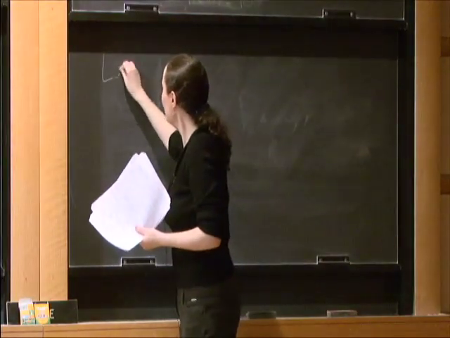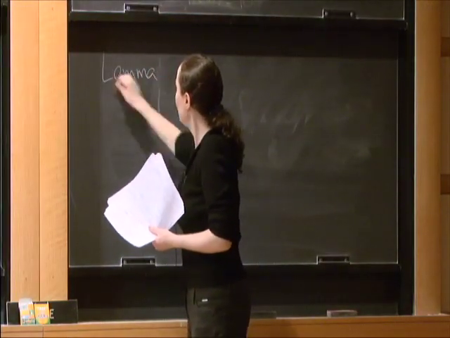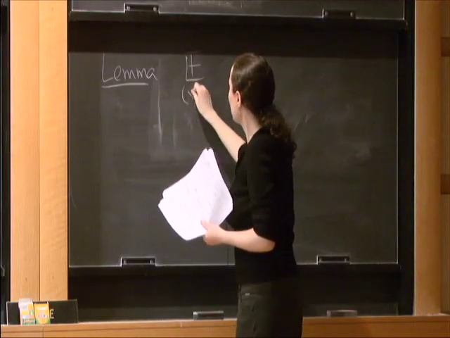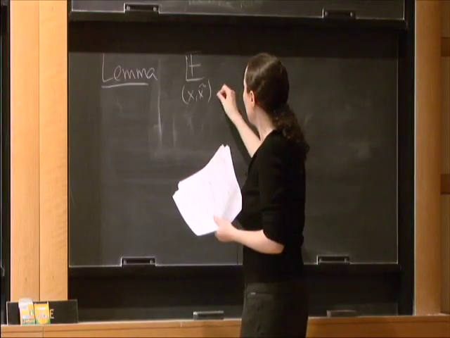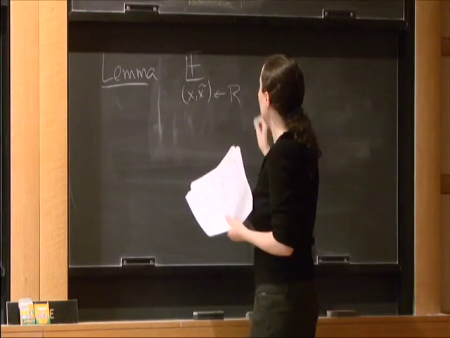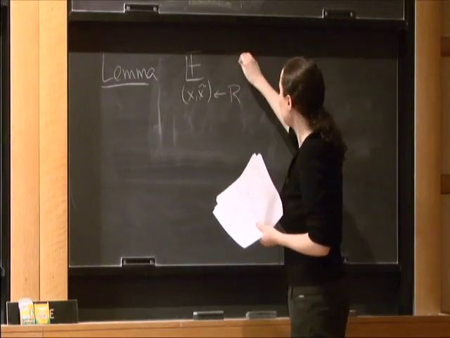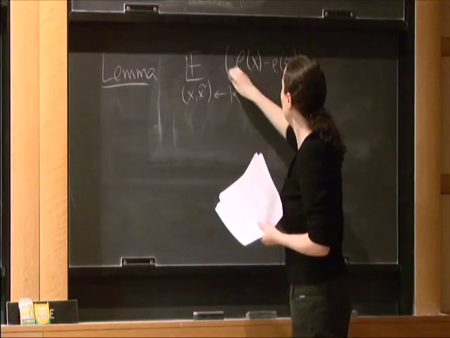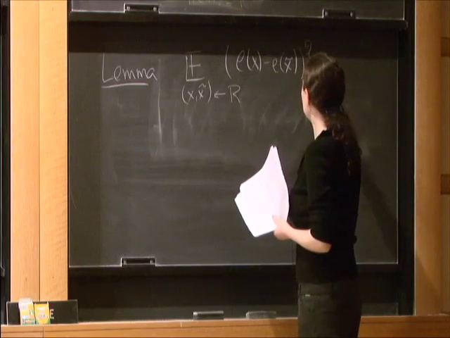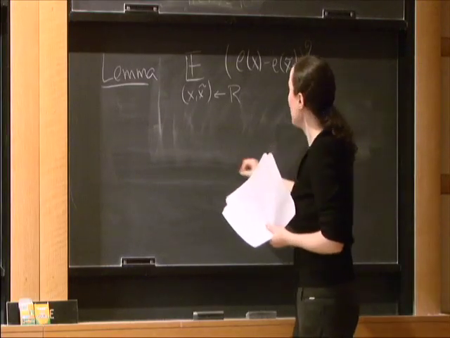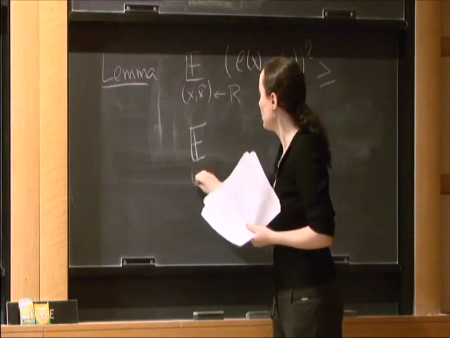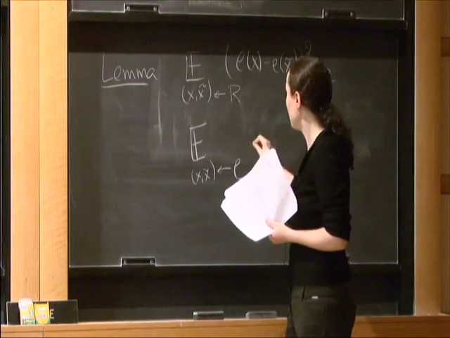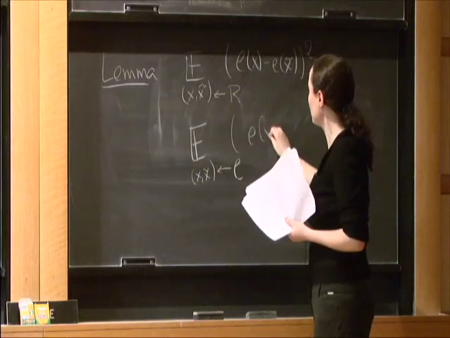What I can prove is that on average, when I take x and x prime from the random perturbation, the change squared is only going to be larger than the change if I perturb coordinate-wise.